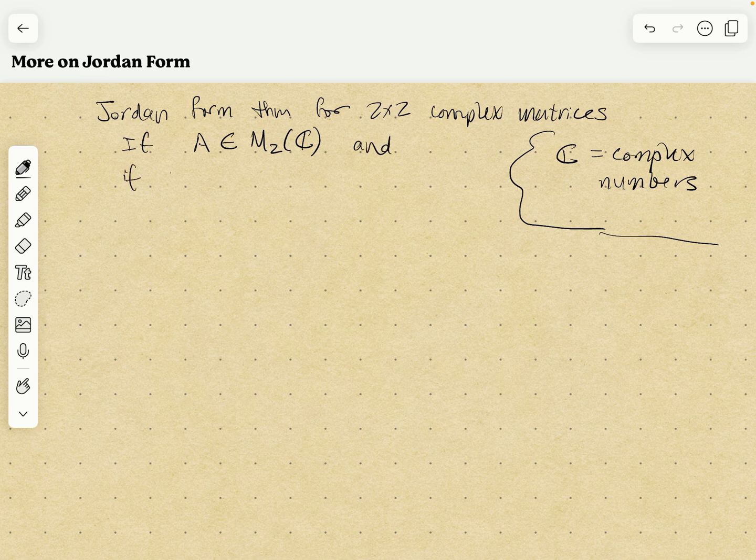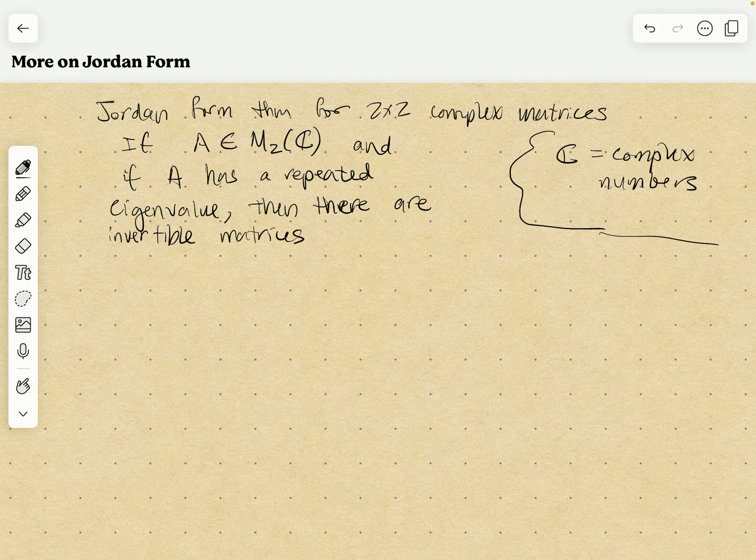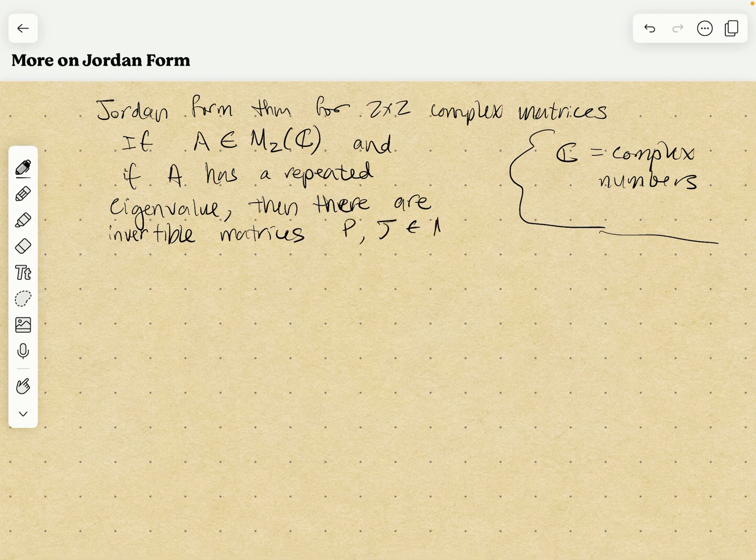and if A has a repeated eigenvalue, then there are invertible matrices P and J, which are also 2x2 matrices with complex entries, such that J is not the diagonal matrix, but this upper triangular matrix where lambda is the repeated eigenvalue, right?